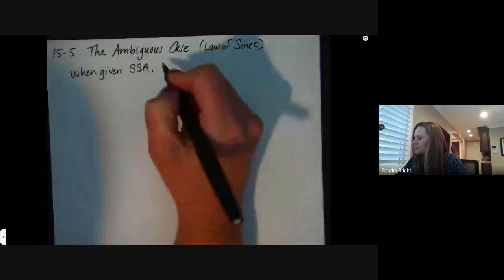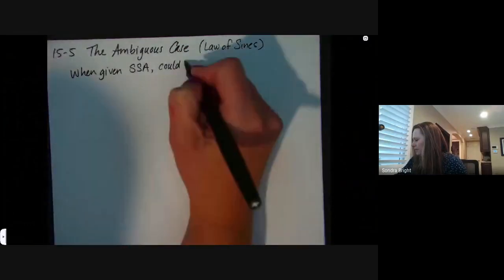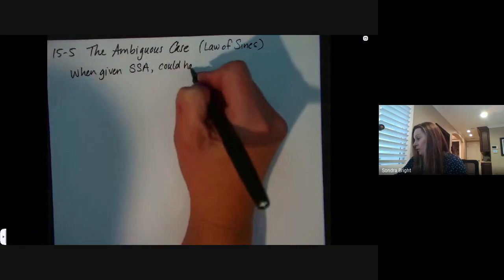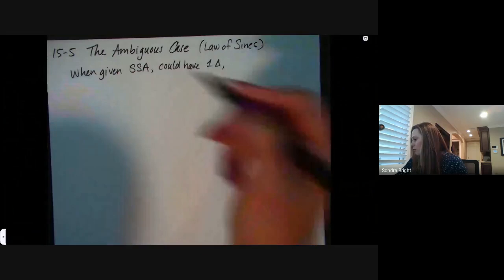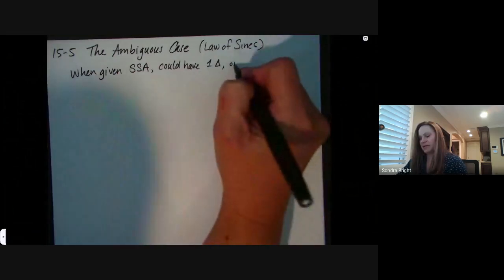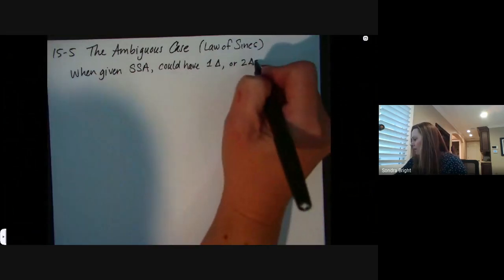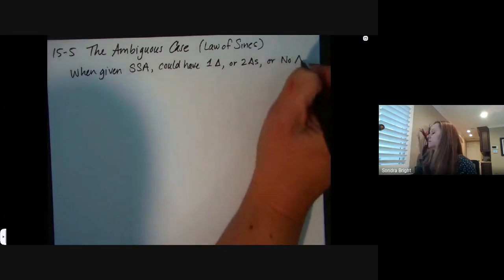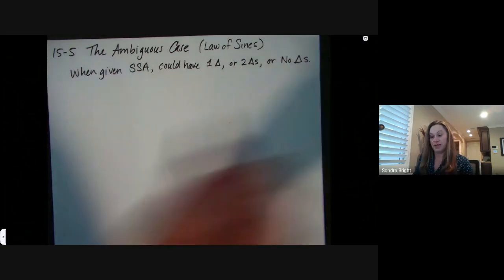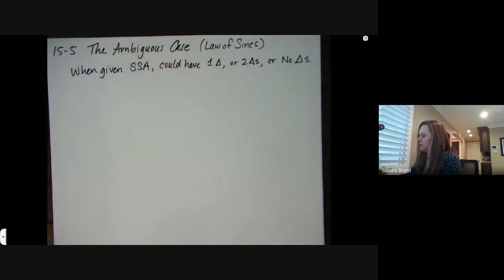You could have just one triangle that fits this information, you could have two triangles that fit the information, or there could be no triangle that fits that given information. So it's the pain in your butt one. You've got to check. So let's do an example.